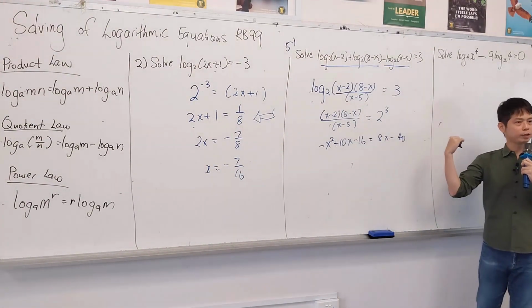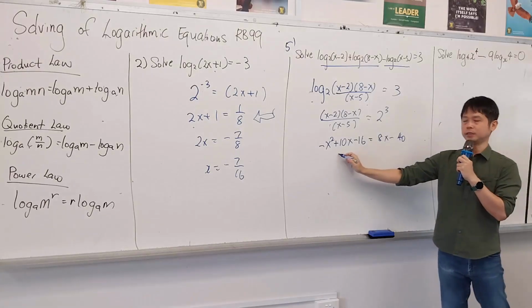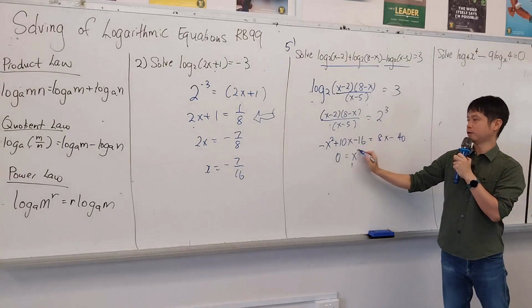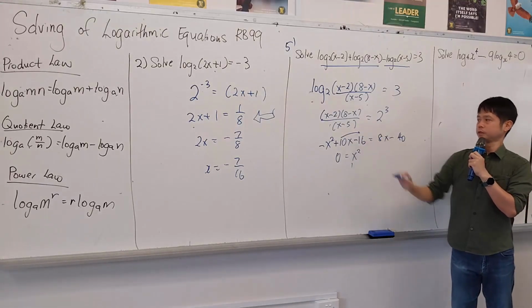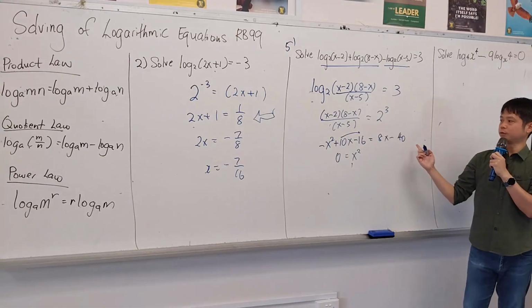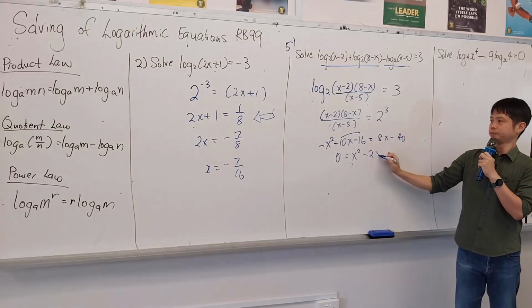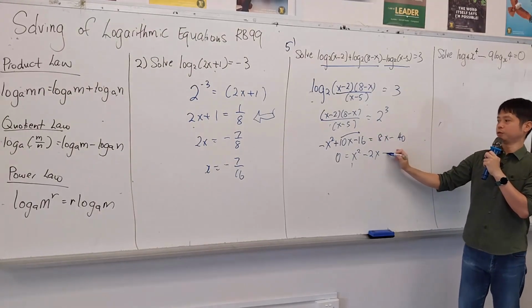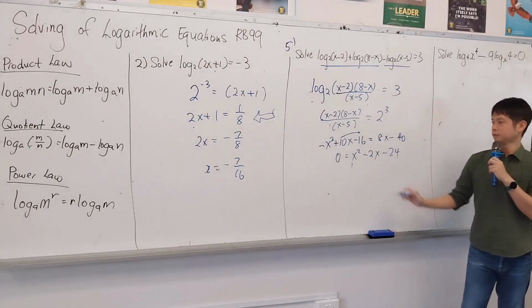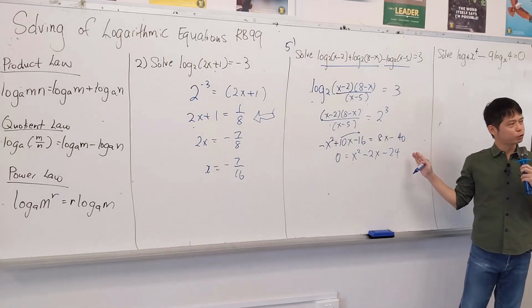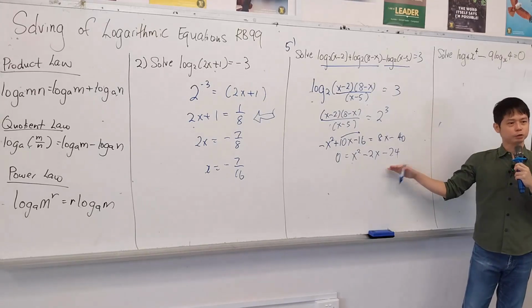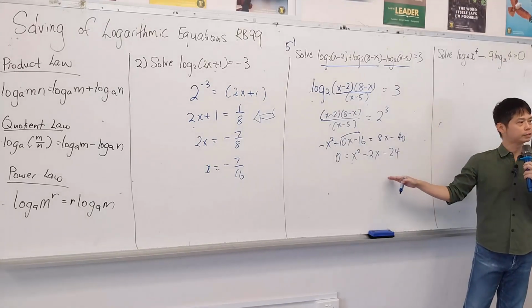I bring everything to the right hand side because I don't want a negative x squared. So I have a positive x squared, bring over to the right hand side. The 10x bring over to the right hand side. And this part bring over to the right hand side. And please remember, if you never do any form of working, you straight away give me the answer, I will deduct your answer mark.